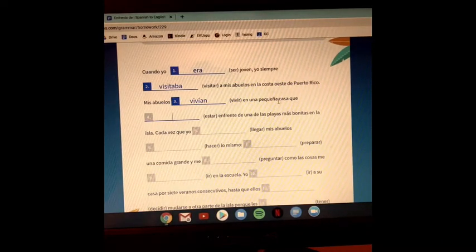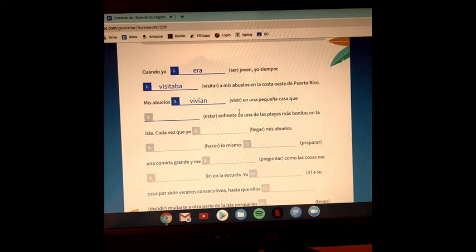So now it's talking about the casa pequeña. So it's no longer talking about mis abuelos. And it's talking about how that house was always across from the pretty beaches in the past. So that is also imperfect.